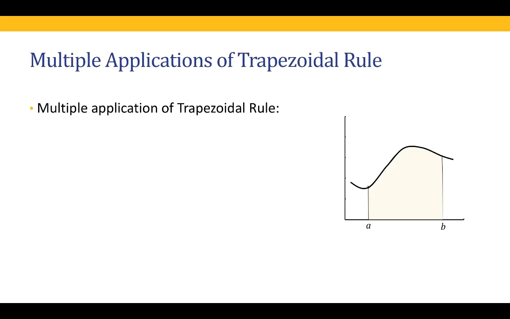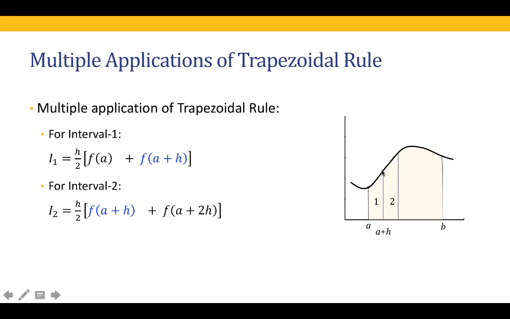How do we do that is as follows. For the first interval that lies between a and a plus h, the area under this region using the trapezoidal rule is given by h by 2 multiplied by f of a plus f of a plus h. The second interval goes from a plus h to a plus 2h.